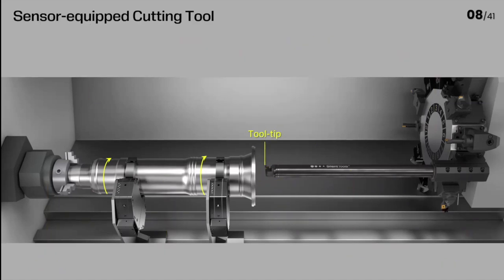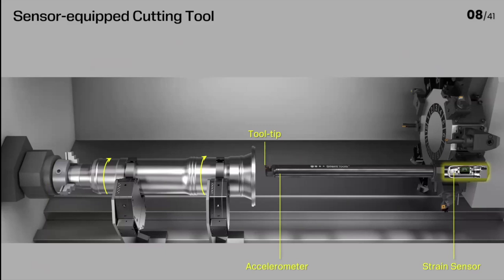The cutting conditions at the tool tip dictate many aspects of the final component's quality. Tool tip deflection, for instance, will influence the geometrical accuracy of the machined component. And in order to measure these conditions in real time, the cutting tool is equipped with sensors in the tool body. We add an accelerometer to measure the vibration, ideally placed as close as possible to the tool tip, where the vibration amplitude is highest.